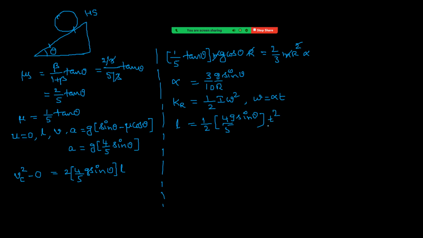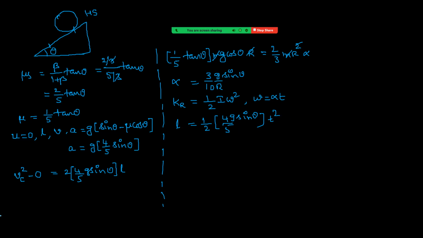I want to calculate directly the t square value, because here omega square means alpha square t square. From this we get t square value. Now we can substitute that here.